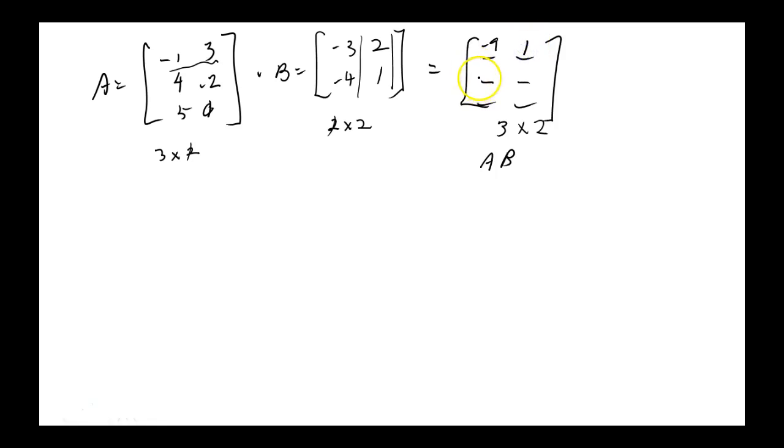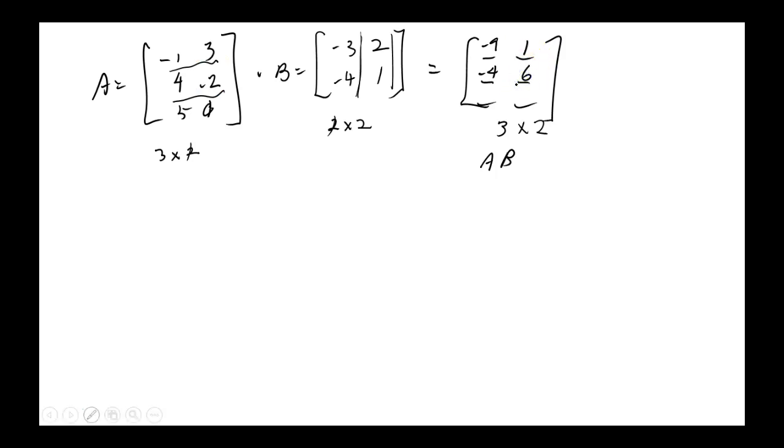Okay? The next entry here is the 2, 1 entry of AB. That's the second row of A times the first column of B. That would be -12 plus 8 would be -4. Okay? Then the 2, 2 entry here, second row by second column, that will be 8 minus 2 is 6.